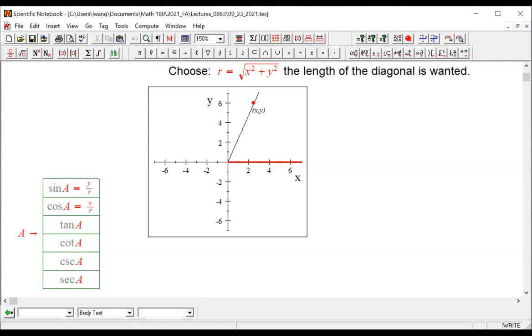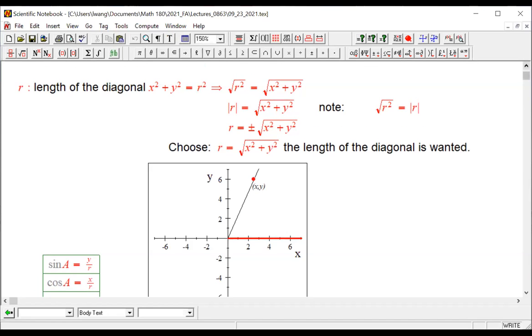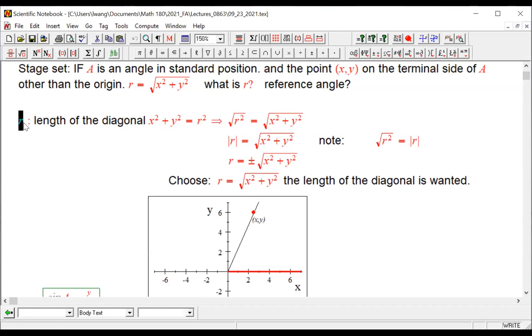And in the description, we guarantee there's no zero in the denominator, because we said other than the origin, which ensures that r will be positive the way we chose r. You guys see that? All these little details you have to attend to, because if you don't, other people will, and they give you questions you don't know how to answer. Do you follow me?